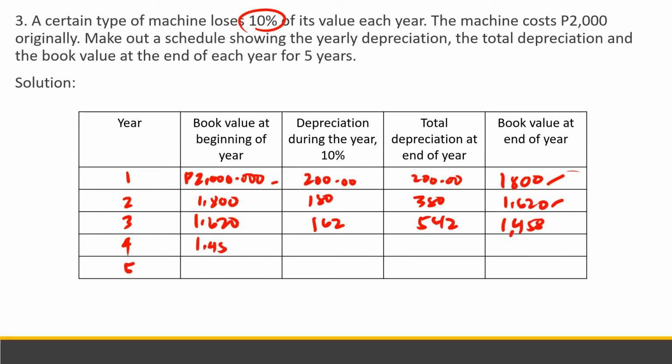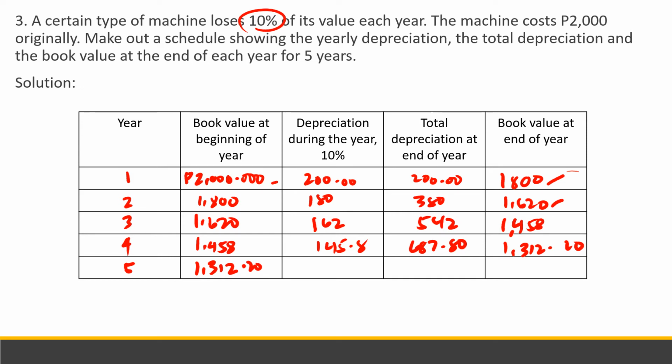So repeat the process. 145.80, 1,312.20. So for the last year or the fifth year, 1,312.20, that is the book value at the beginning of the fifth year.